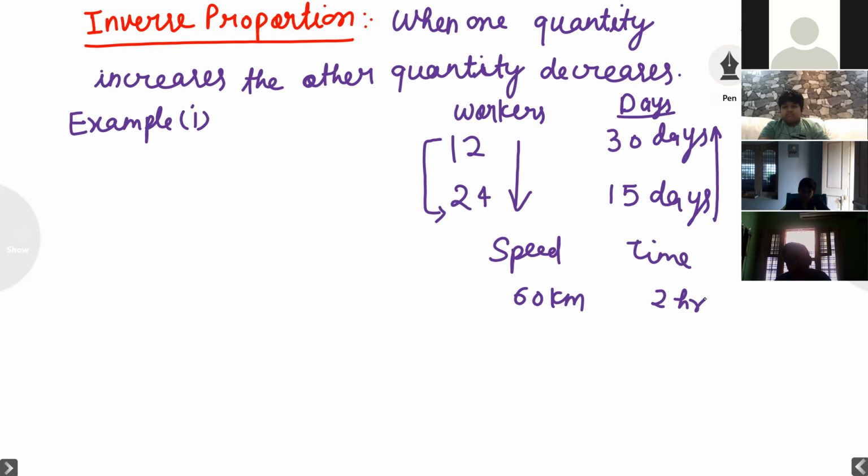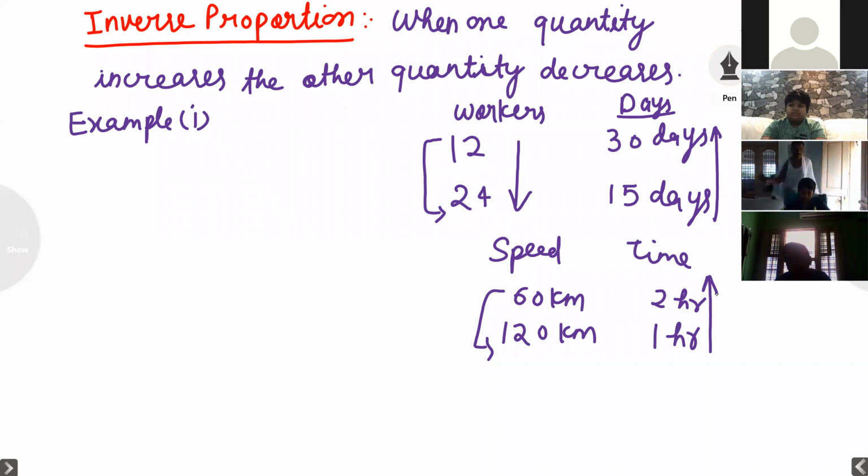If I want to increase my bike speed to 120 kilometers per hour, what will happen? Will it take less time or more time? Less time. Here the speed is increasing, but the time is decreasing. This is called inverse proportion.